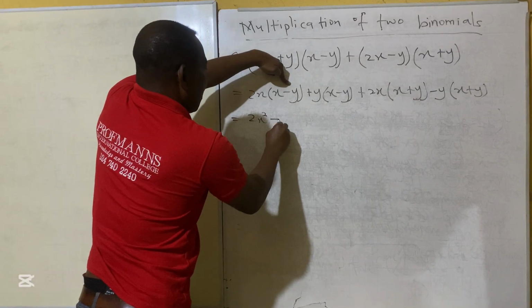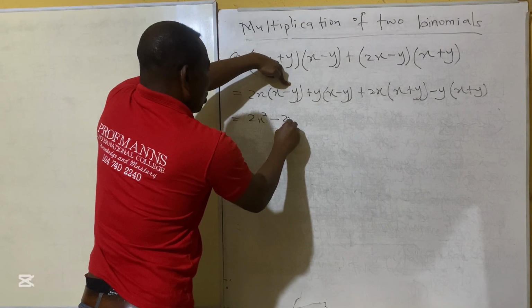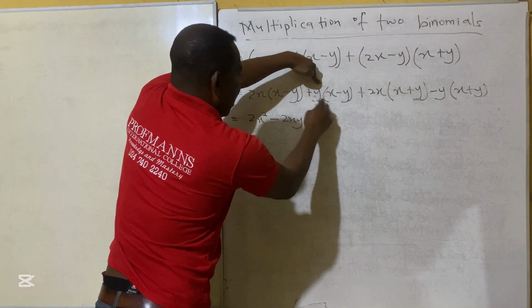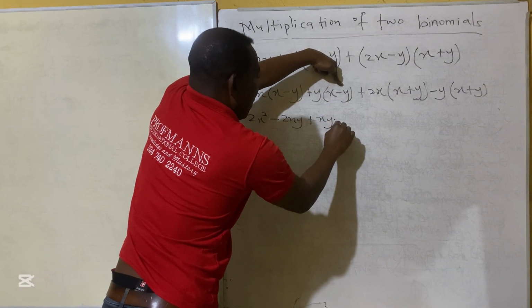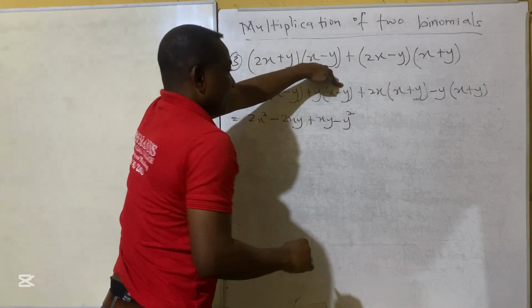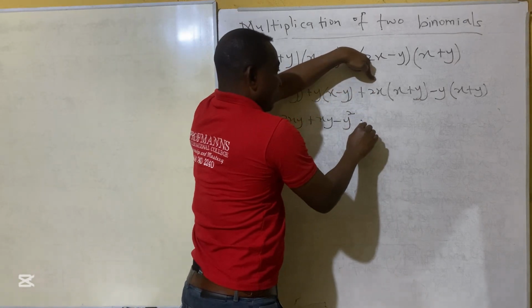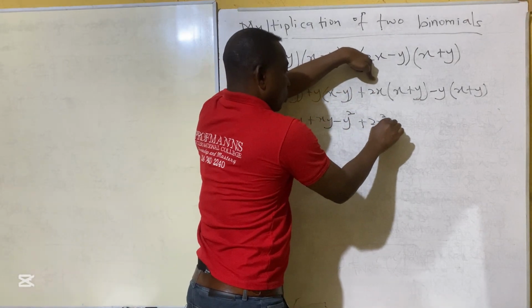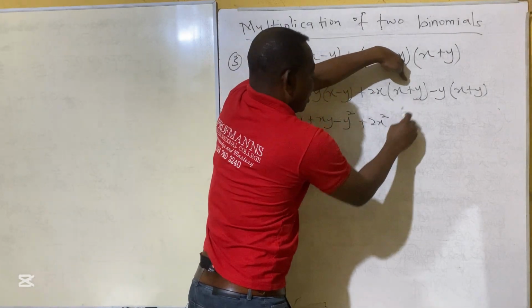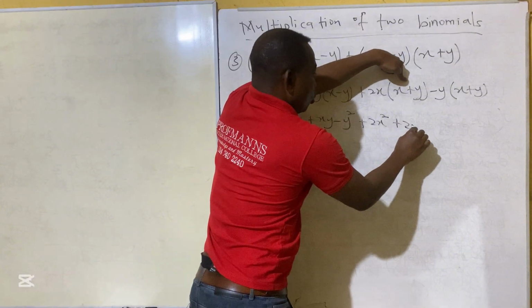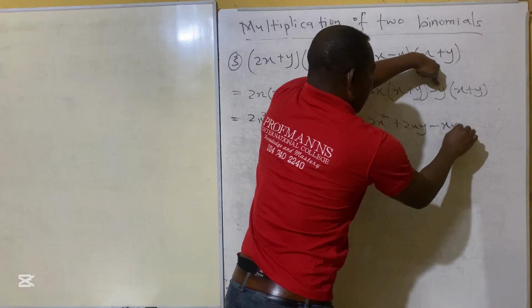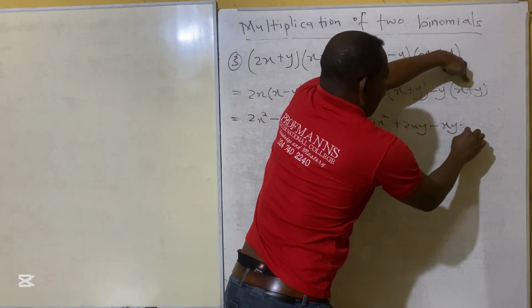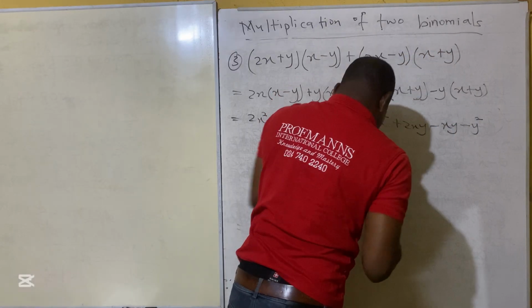This gives us minus 2xy. This gives us plus xy. This gives us minus y squared. This gives us plus 2x squared. This gives us plus 2xy. This gives us minus xy. This gives us minus y squared.